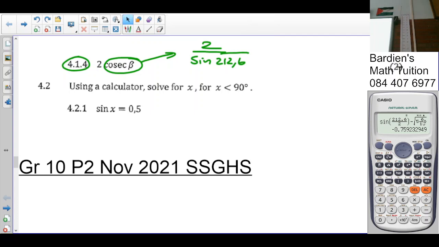You all okay with that? So that would be 1 over sine 212.6. Negative 3.71. Negative 3,7. Okay.